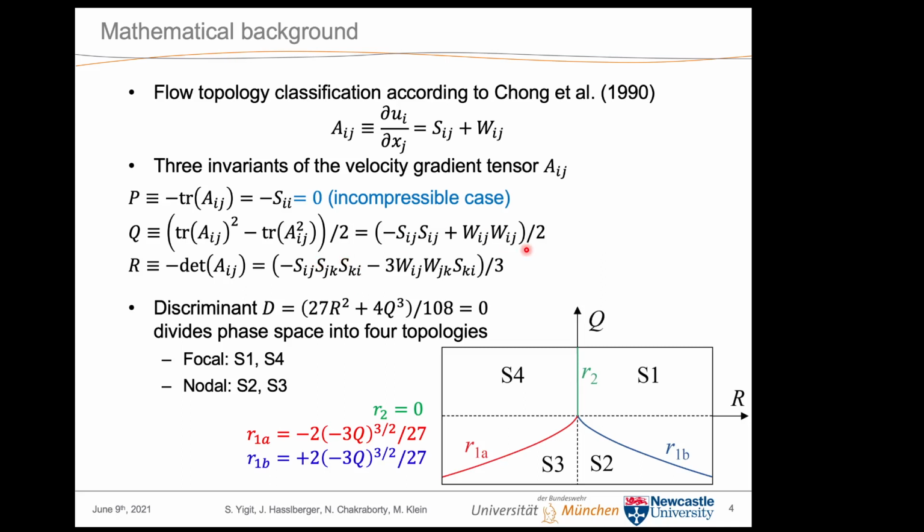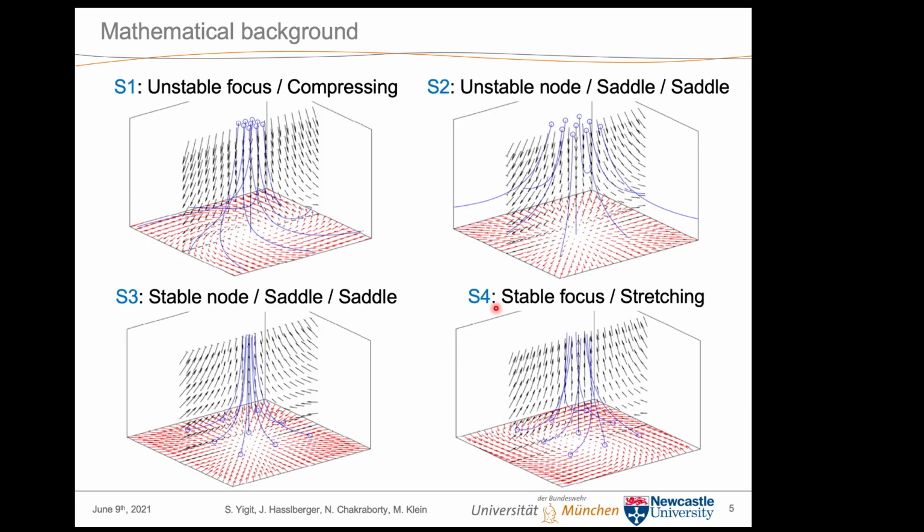But by combining these two scalar quantities, we can actually distinguish 4 different flow types. And there is also a mathematical criterion for these boundaries between the different flow types. These criteria are given by the discriminant of the characteristic equation. So what does it mean to have these 4 different flow types?